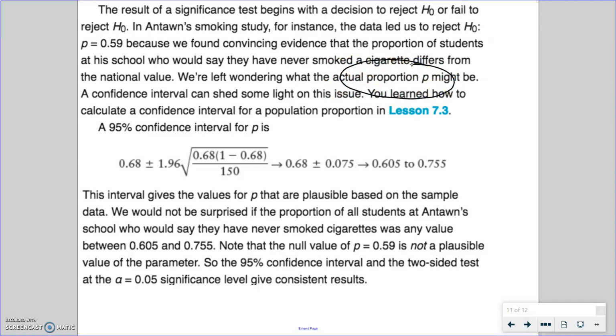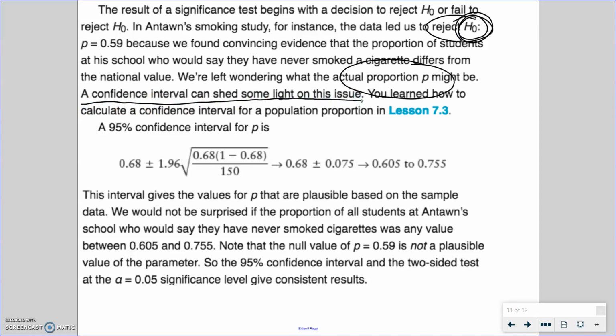So here's what I mean by that. If you can reject the null, okay, you've rejected the null, but you haven't actually proved that your p-hat is correct. Like you haven't actually said, my p-hat is now the new null. That's not the case. You've only just said, I have enough evidence to say the original statistic might be false. So a confidence interval could shed some light on what the actual p is.